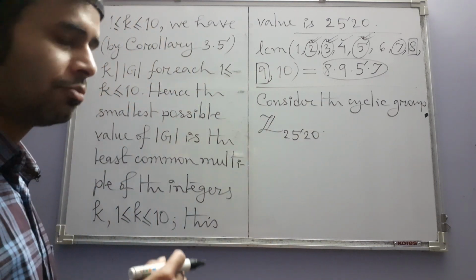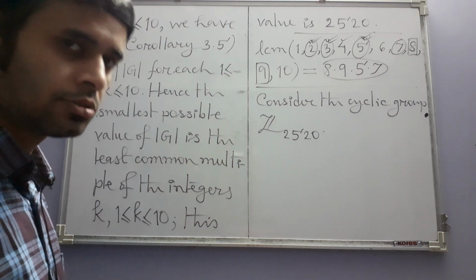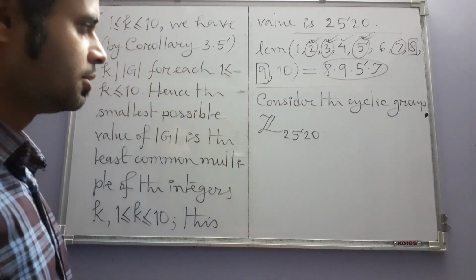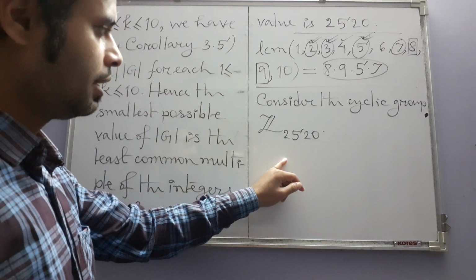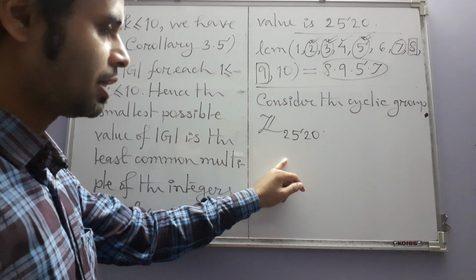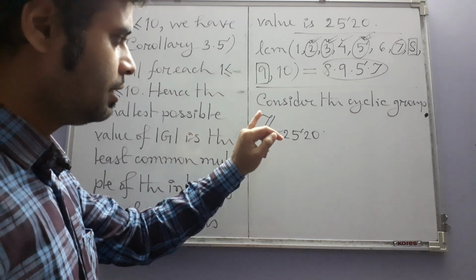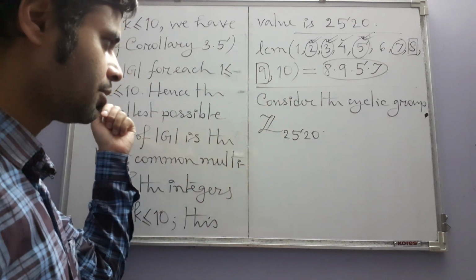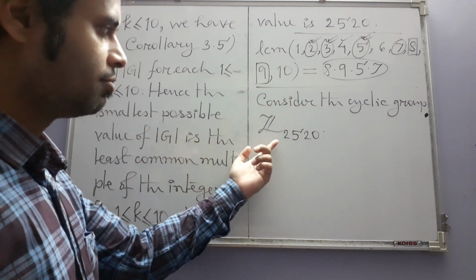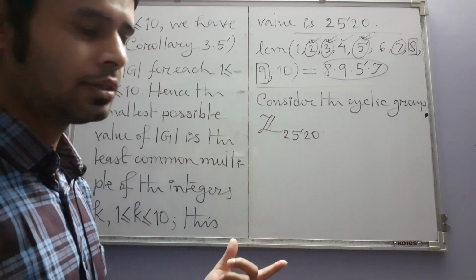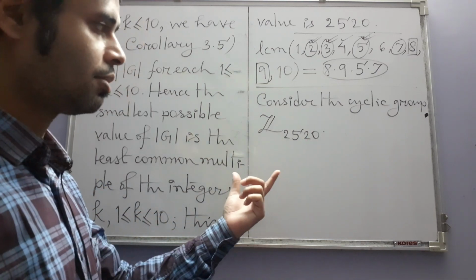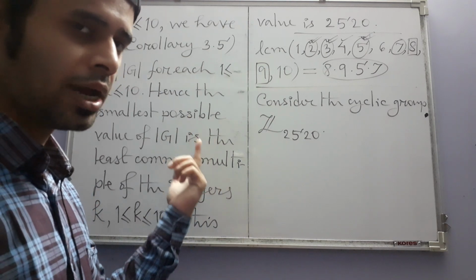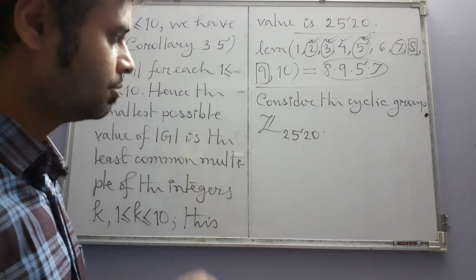So the order of 1 as an element in this group is 2520. And you know that in a cyclic group of some given order, if you get a positive integer that divides the order, then you will get a unique subgroup of that order. This is something that we already saw back in the section on cyclic groups.